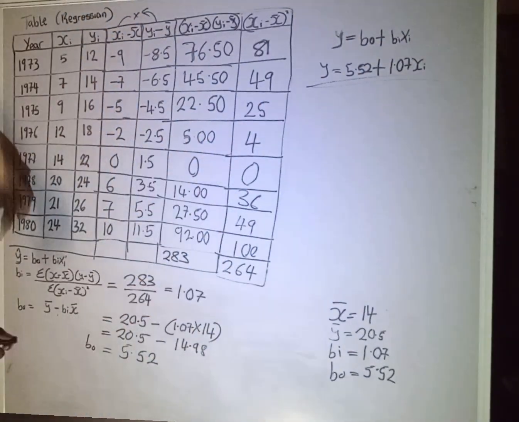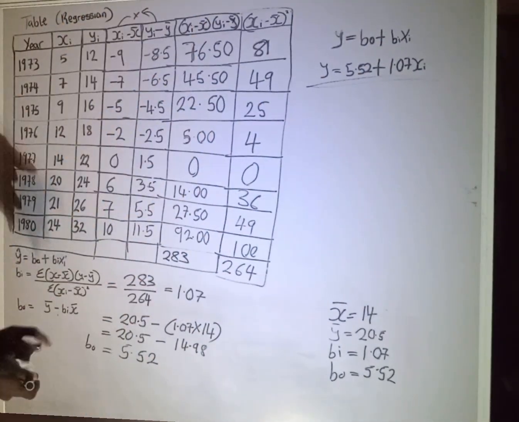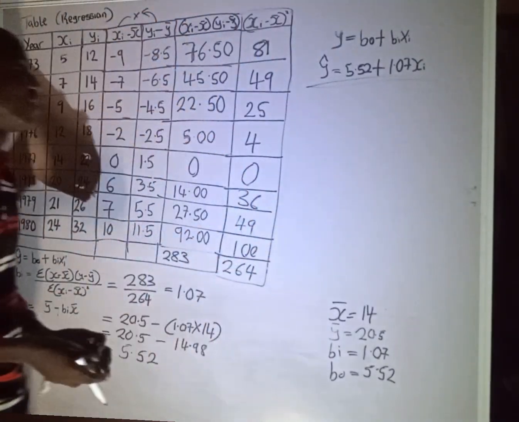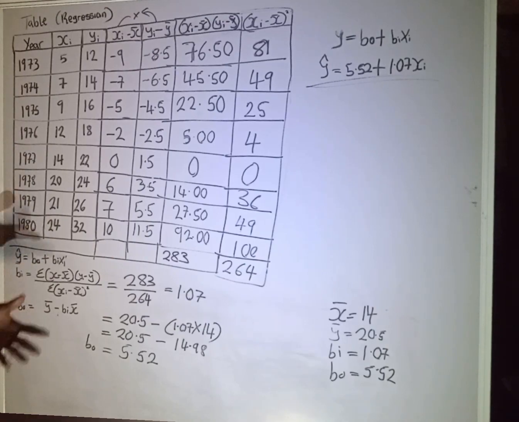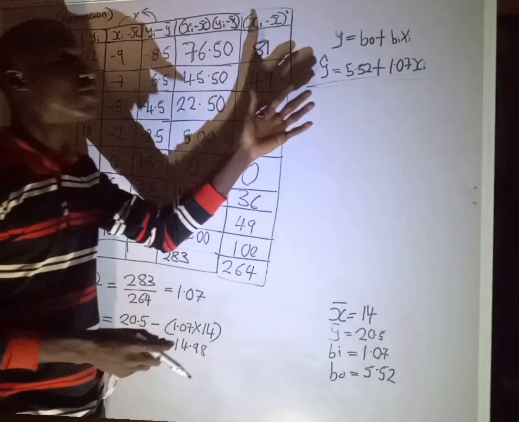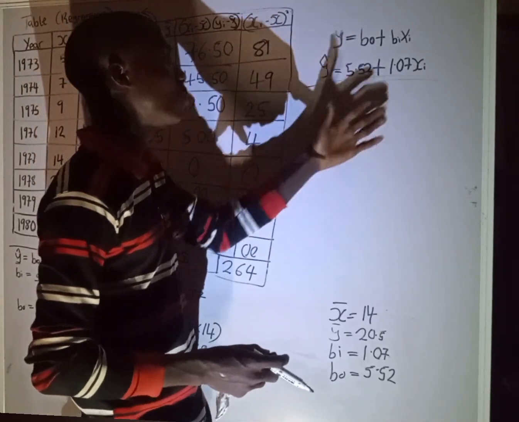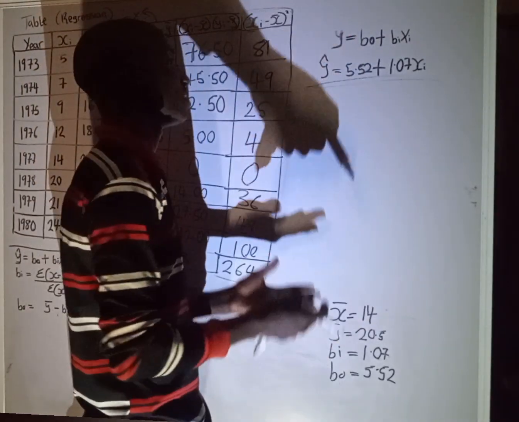Now, if you look at this equation, you can easily determine the predicted value of y when you are given the value of x. You can easily determine the quantity of the output of maize. You can predict the value when you are given the quantity of fertilizer that you are using.